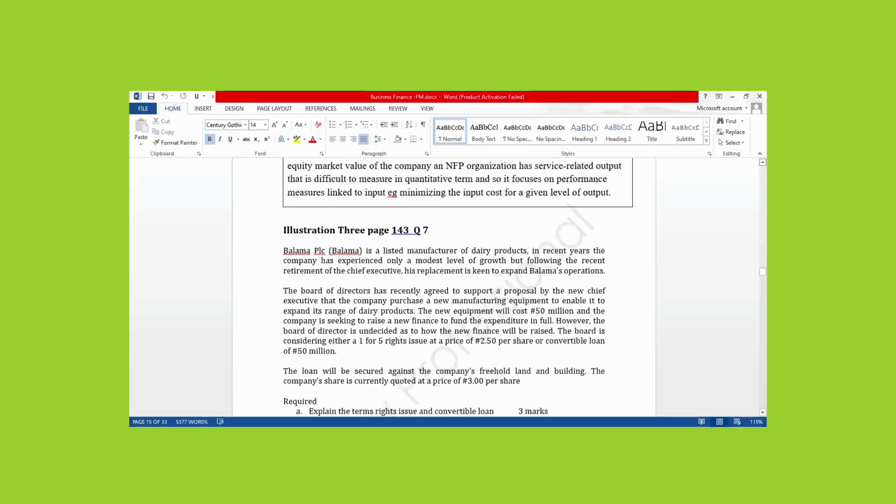I should have a lot of students in this class. Let me confirm the page again. Why not question 7? Page 130. I'm trying to reconfirm the page.